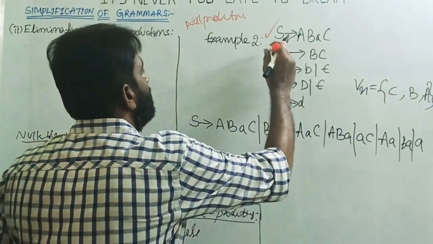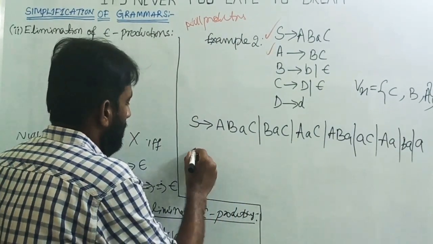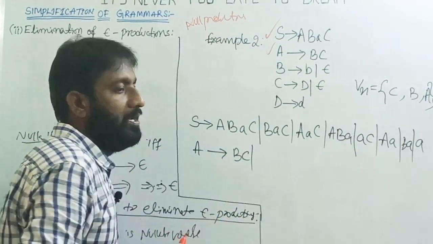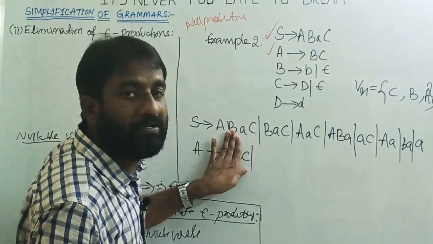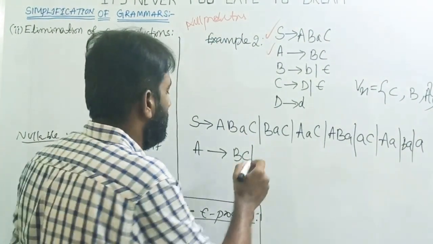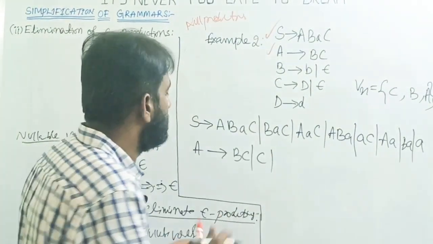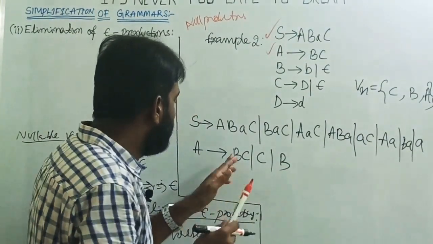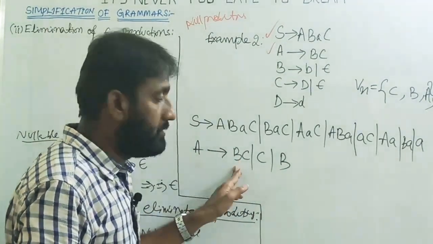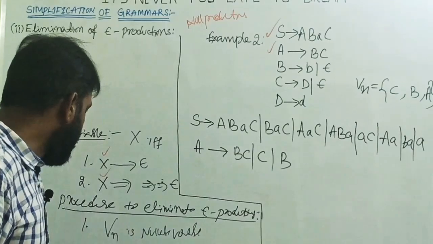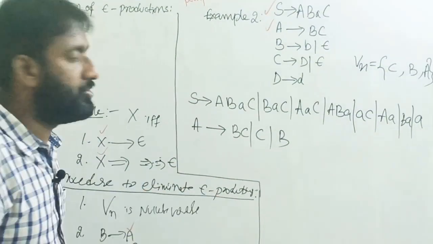Then take the next production. A tends to BC. If I replace B with epsilon, the result is C only. Then if I replace C with epsilon, the result is B only. If I replace B with epsilon and C with epsilon, the result is epsilon. So I told you, don't add the epsilon production again. Okay.